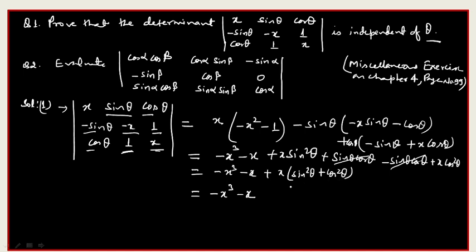We already know that sine square theta plus cos square theta equals 1. So x into 1 becomes plus x, this x and minus x get cancelled, and we are left with the answer minus x cube.